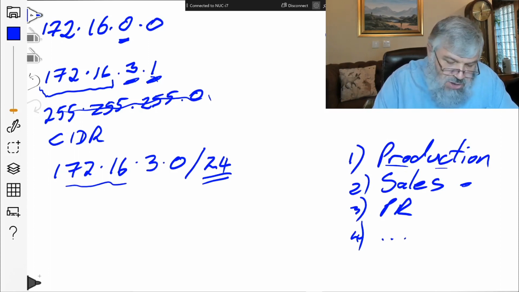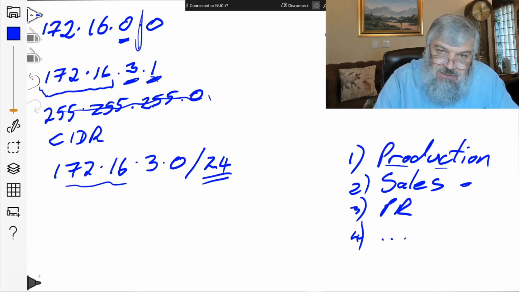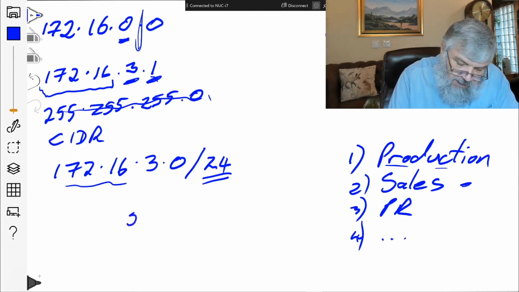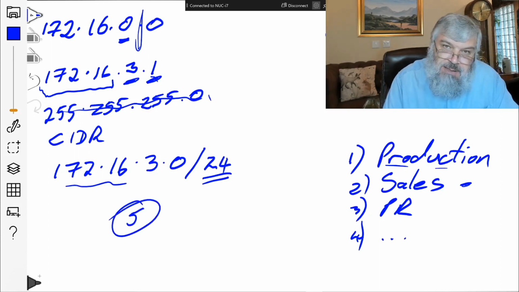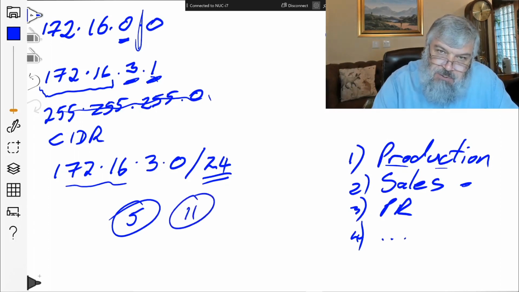I made this initial choice on a byte boundary simply because it was convenient. But I may, for example, say, rather than do an 8-8 split, I want to do, let's say, a 5-11 split. In other words, 5 bits for my department numbers and 11 bits for computers in the department.